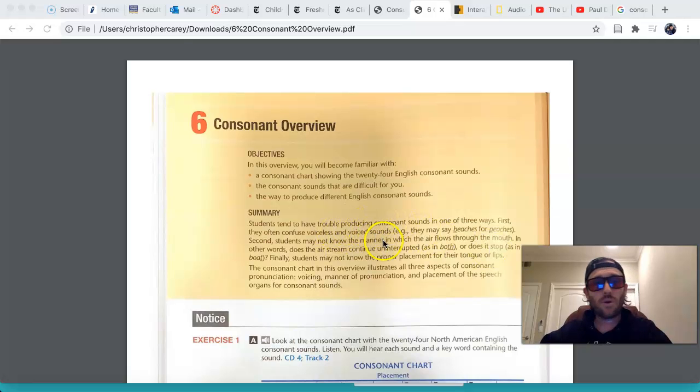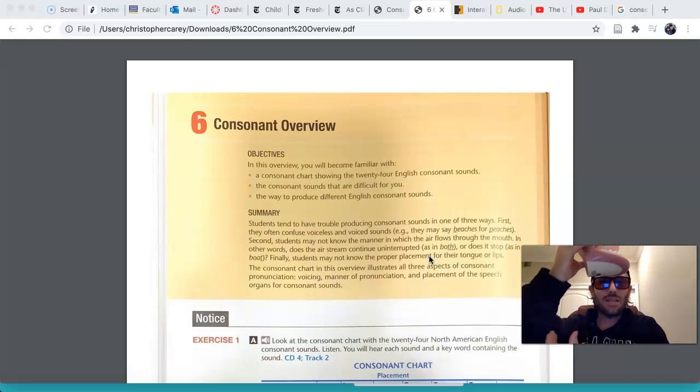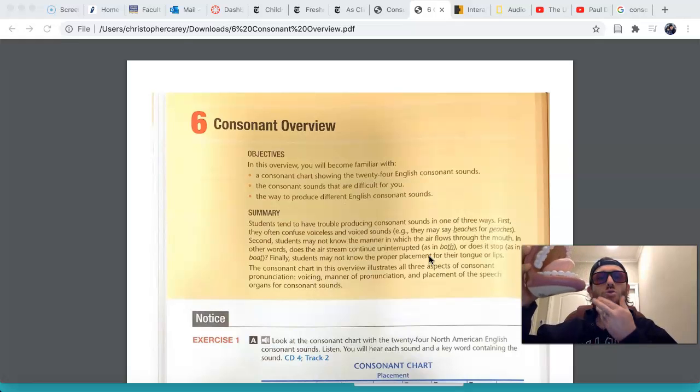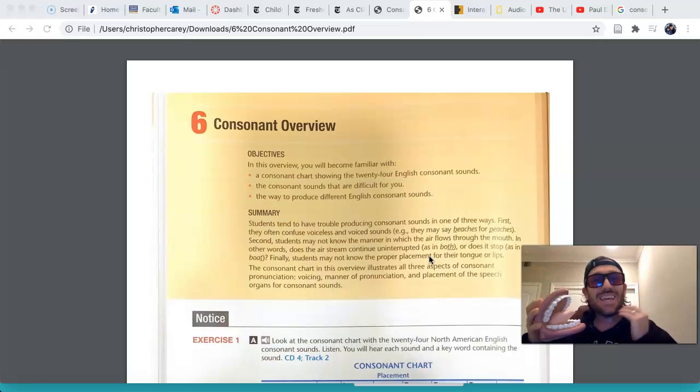So voiced and voiceless, vibration, uninterrupted and stop in terms of airflow. And lastly, the other way is the proper placement of lips and tongue when we create these consonant sounds. Airflow begins in the lungs, in our chest, and goes through, but our mouth is the instrument, just like a musical instrument.